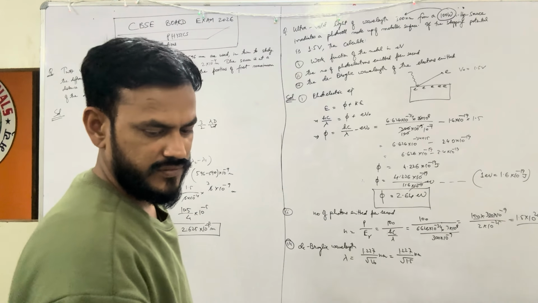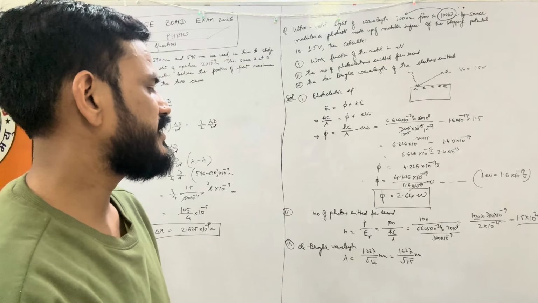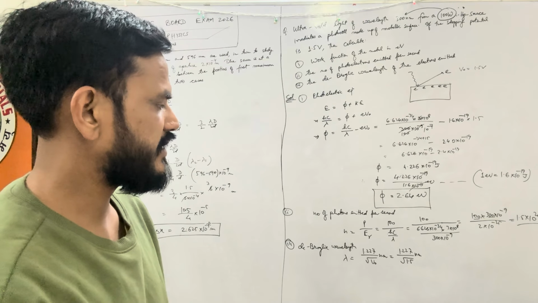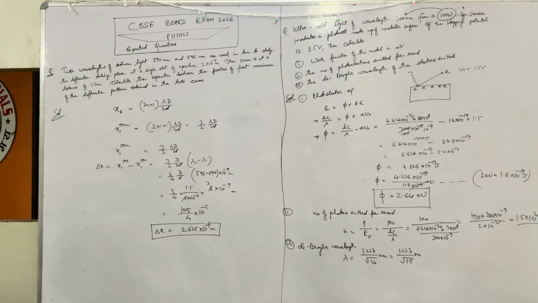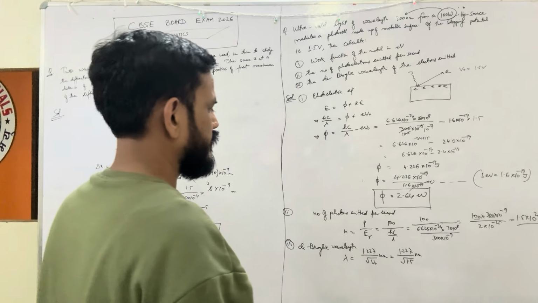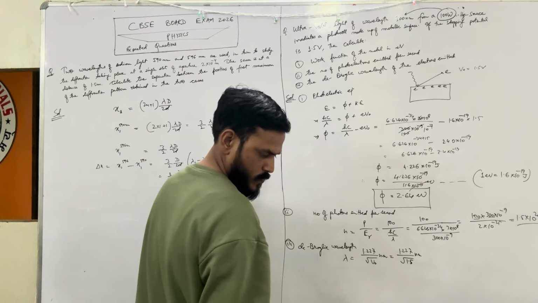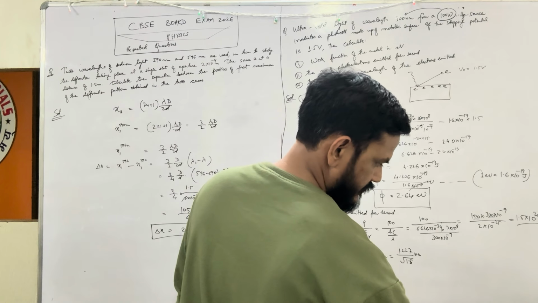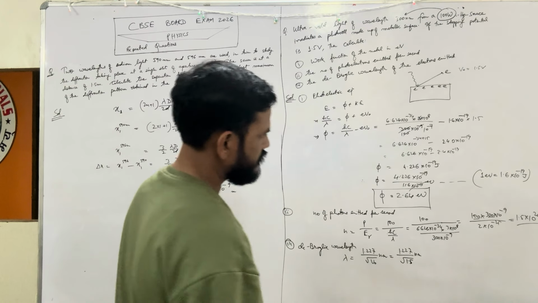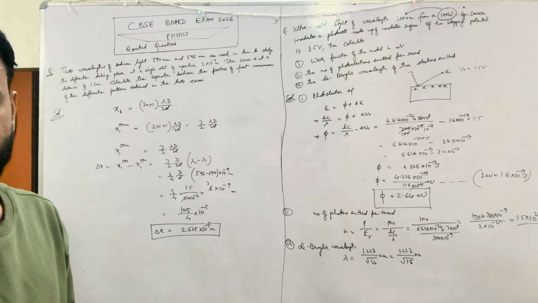So the value of square root of 1.5 can be calculated, and the final answer can be found out. Square root of 1.5.